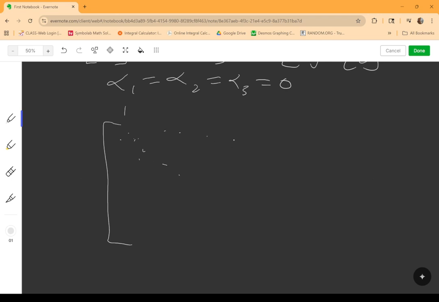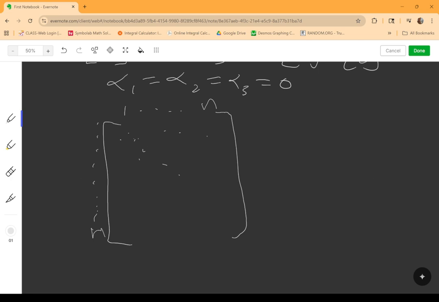If I have n vectors and I'm in the Euclidean m space, m rows, then there is a limit to how many vectors I can have that are linearly independent in a set.